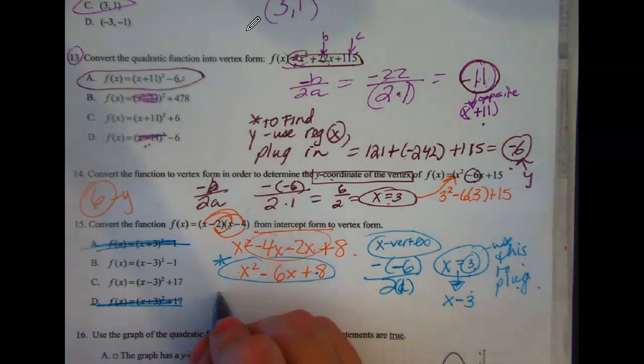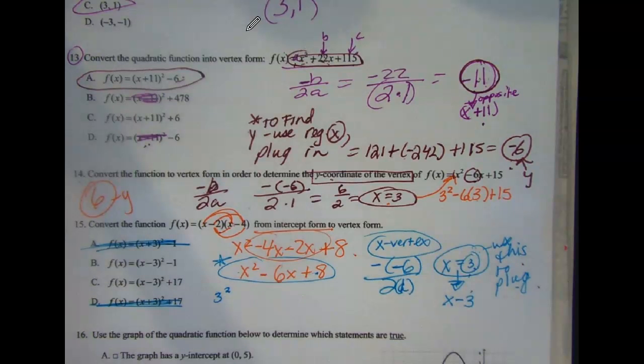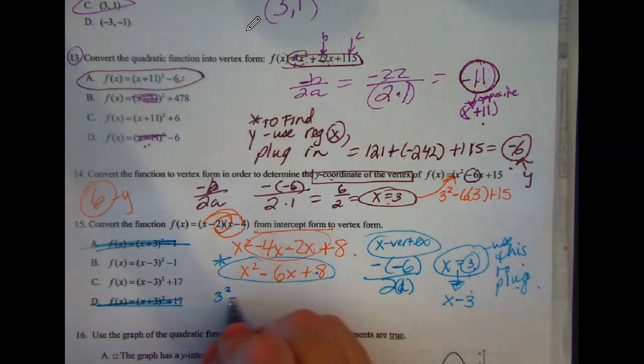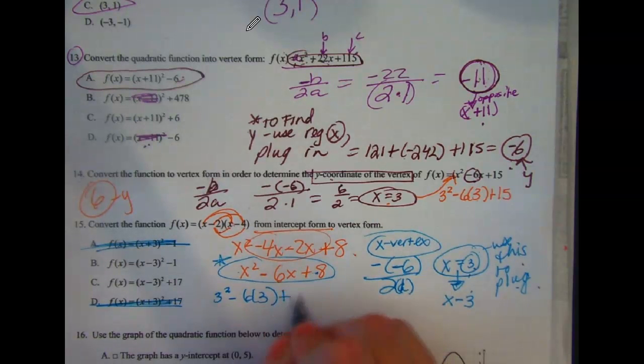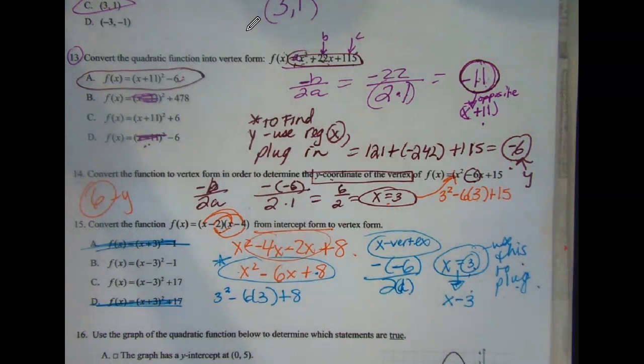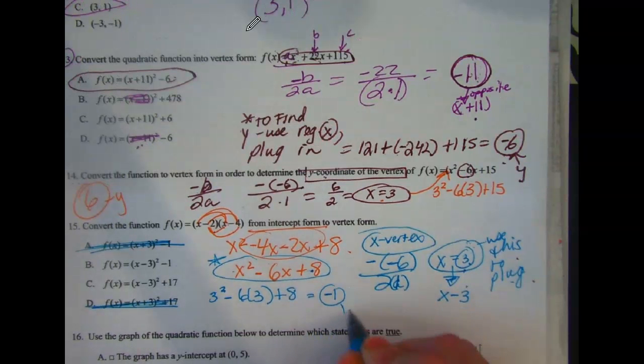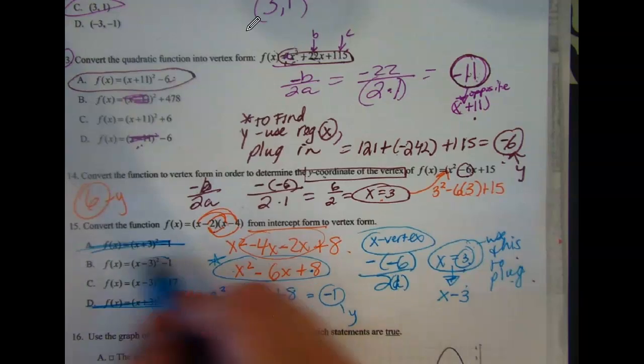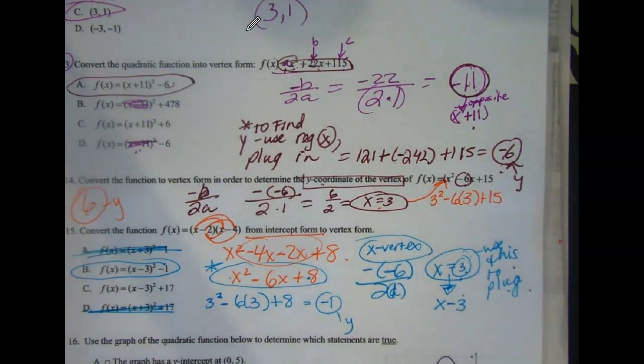So 3 squared minus 6 times 3 plus 8. So 9 minus 6 times 3, and then we have plus 8, so that gives me a -1. That's our y. I have to pick the one with the -1.